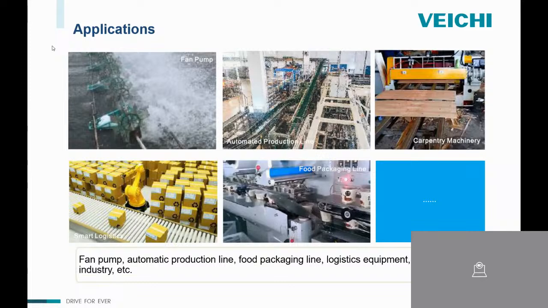Also you can use it in smart logistics systems such as goods handling or smart warehouse system. And you also can use it for different kinds of packaging machines such as food packaging machines.